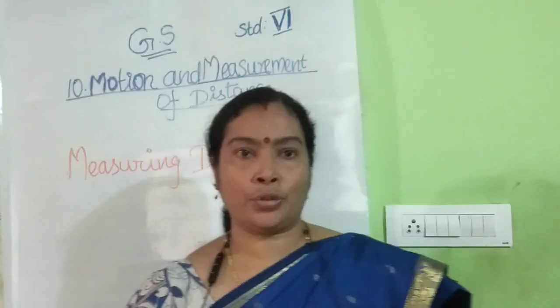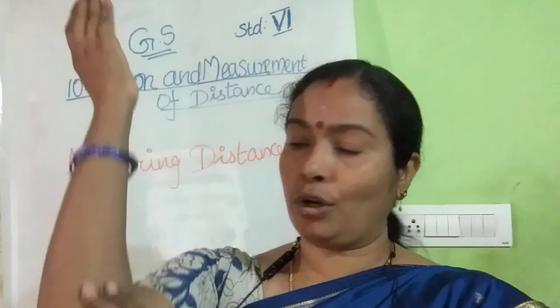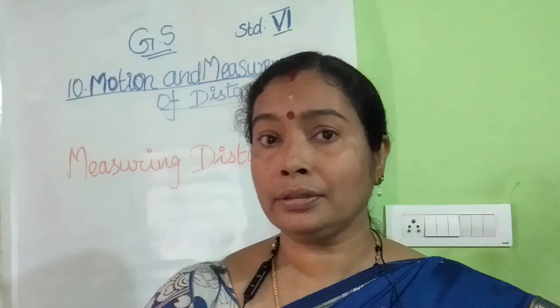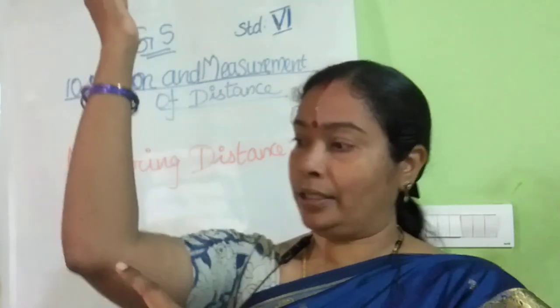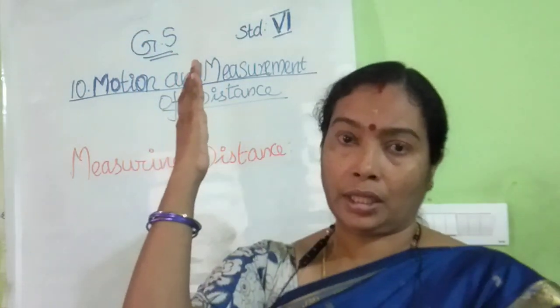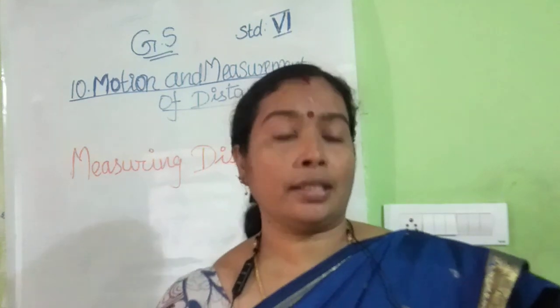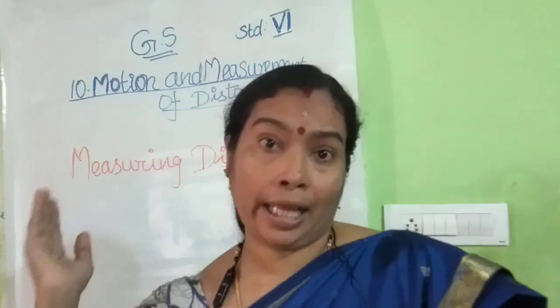One thing, students: is the length of the forearm the same for all people? See, my hand length, my forearm length, is this much. If any person shorter than me is measuring the garland, he will have a length lesser than mine.